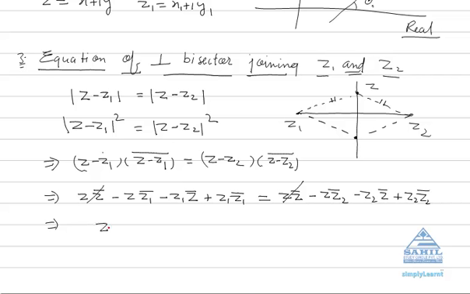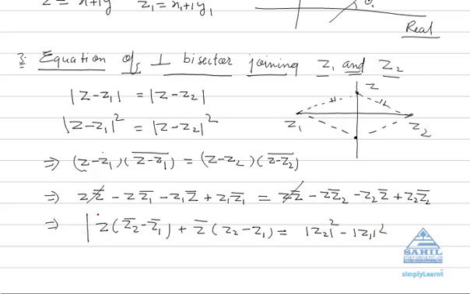That format will be like this: z times (z2 bar minus z1 bar) plus z bar common, (z2 minus z1), will be equal to modulus of z2 square minus modulus of z1 square.